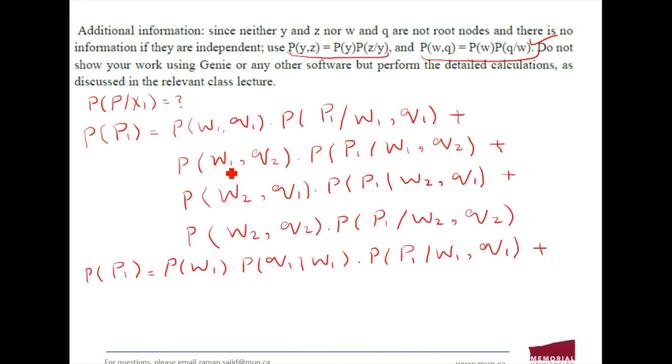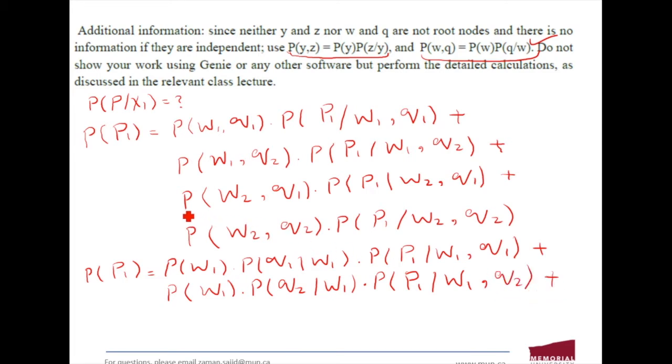Similarly, for the second one, we have the W1 and Q2 relationship. So that should be equal to the probability of W1 times the probability of Q2 this time, given W1, multiplied by the probability of P1 given W1 and Q2, plus.